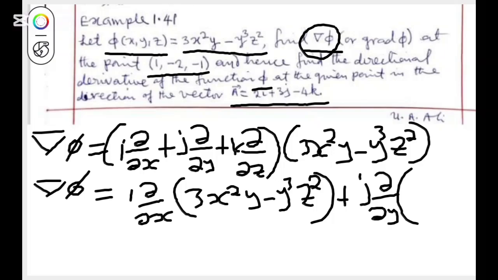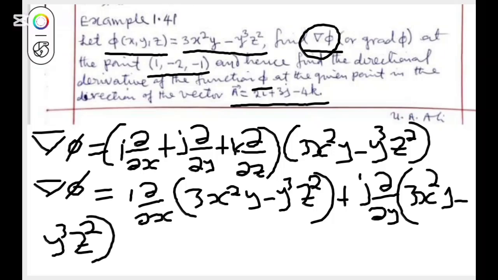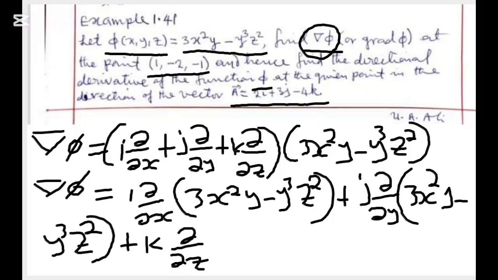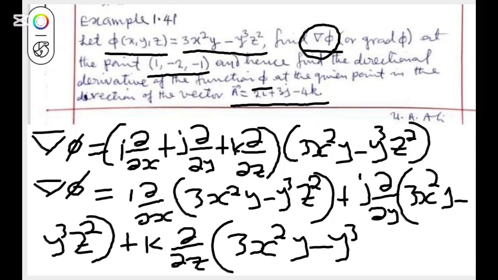Also I have to fold the same thing, 3x squared y minus y cubed z squared, closed bracket, and then plus the value of k, which is partial d by dz, the partial derivative, not d. And then again I have to fold 3x squared y minus y cubed z squared.